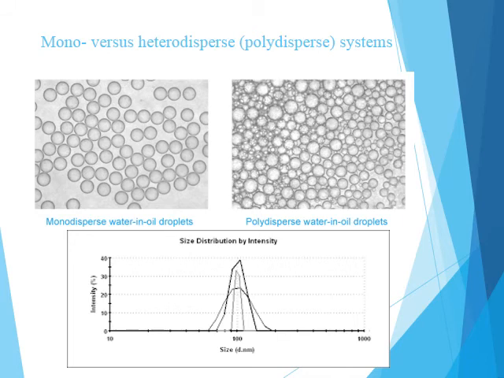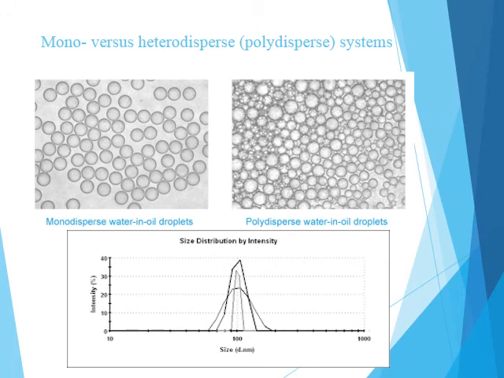In this case, we call it a monodisperse system or emulsion, while in the right image, we have a variety of particle sizes, and that's what we call a hetero or polydisperse system. So the difference depends on the uniformity of the droplets inside the emulsion.